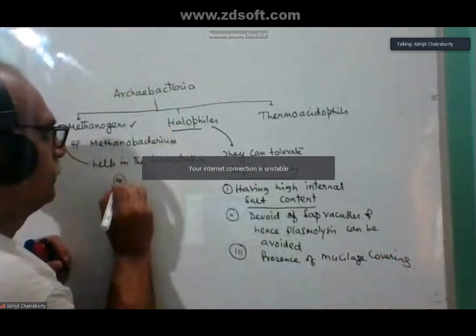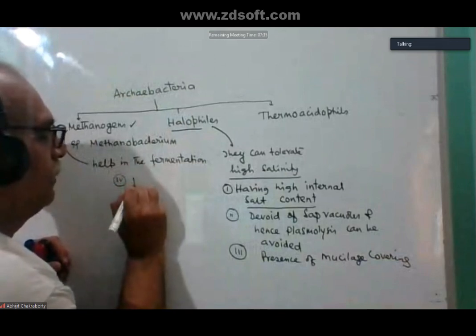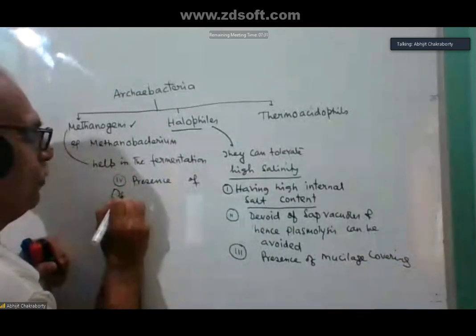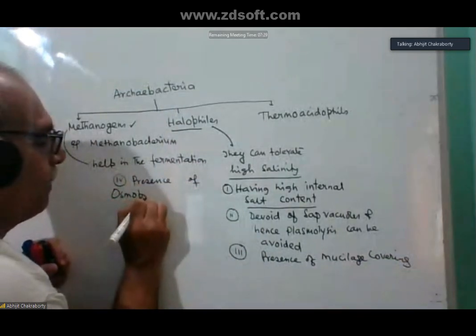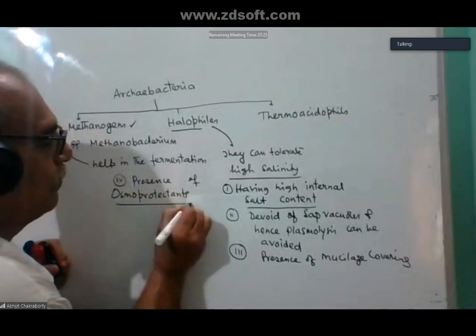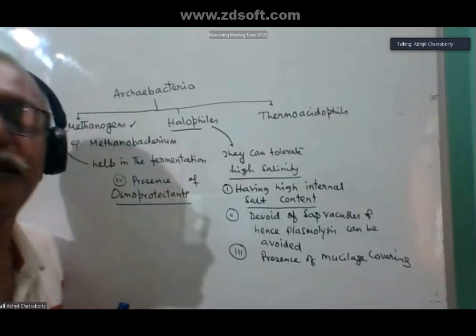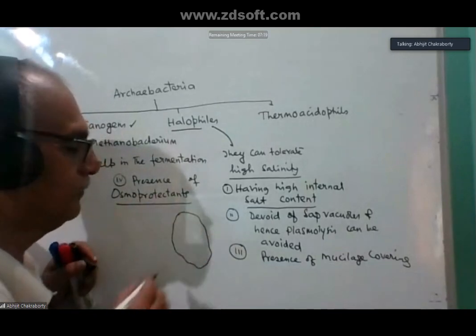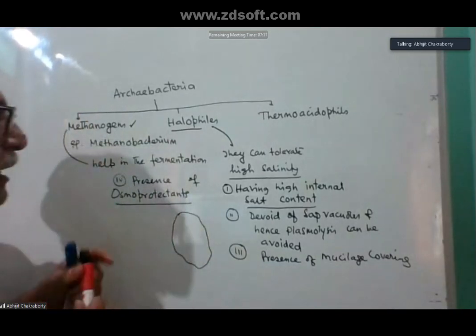Fourth, presence of osmoprotectants. What are osmoprotectants? If it is a cyanobacterial cell, then you will get some osmoprotectants in the wall.